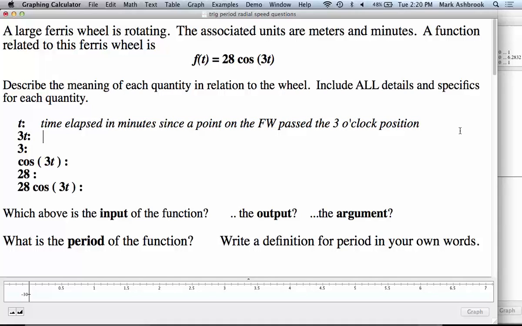So here's a good definition for T. The time elapsed in minutes since a point on the Ferris wheel past the 3 o'clock position. So it's all going to be relative, right? If we're using cosine, it's all going to be relative to that 3 o'clock position.